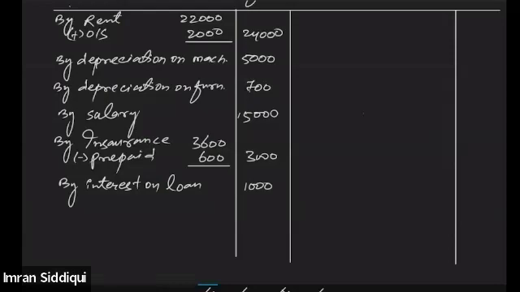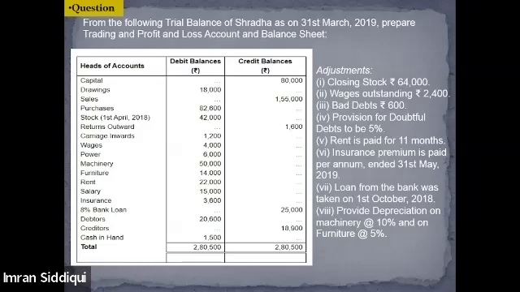Then next item is debtors. And let's find out whether there is any adjustment regarding the debtors given. Yeah, so in respect of debtors, we have two pieces of information. First of all, there is a bad debt of 600. And then we have to prepare a provision for doubtful debt of 5%.